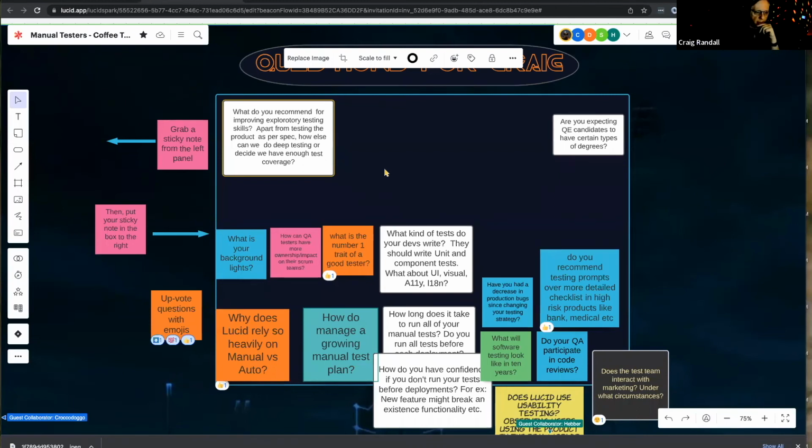Odd as it may sound, I personally think that playing role-playing games is a great way to exercise that mental muscle of being creative, thinking on the fly, improvising, right? Because a lot of those skills bleed into what you do as a tester.